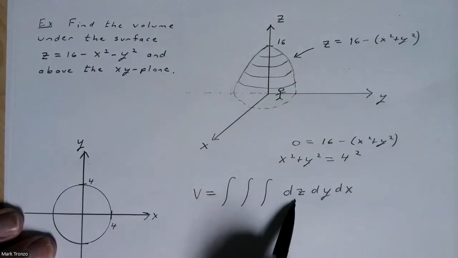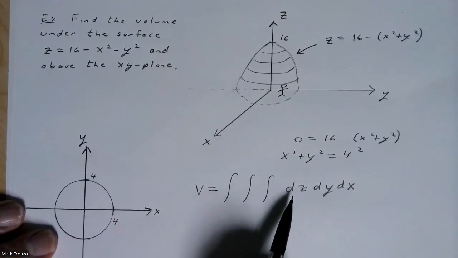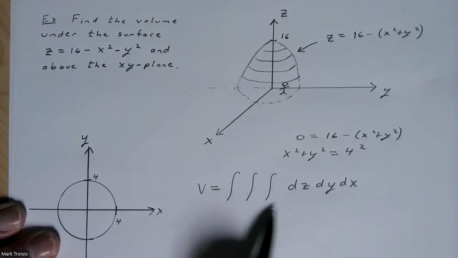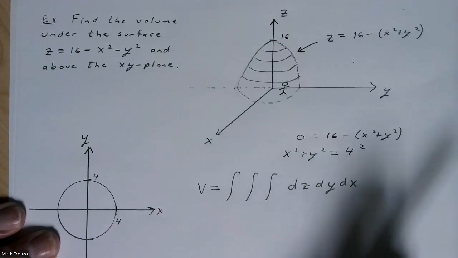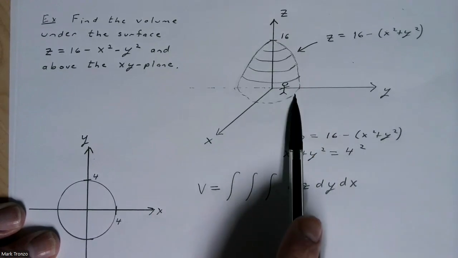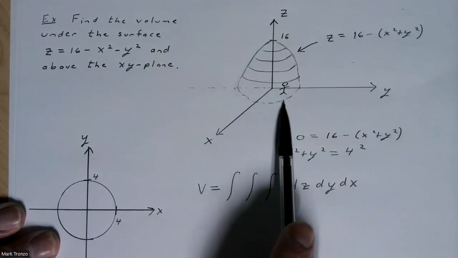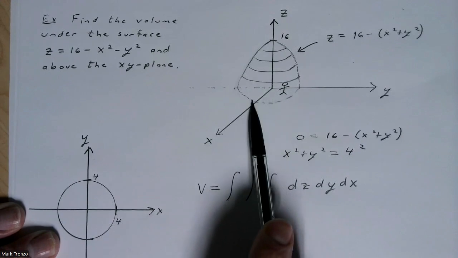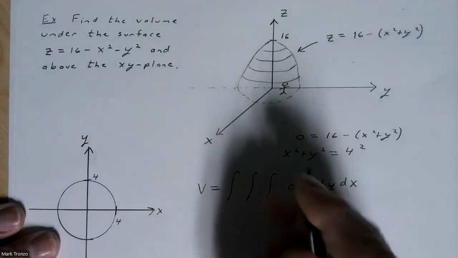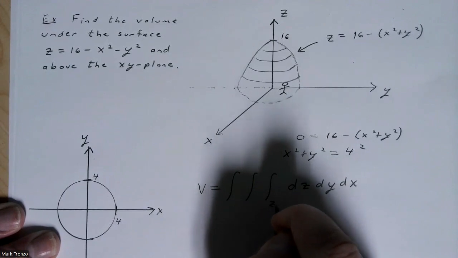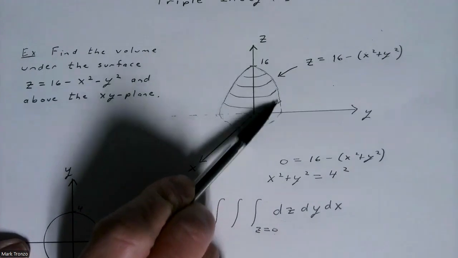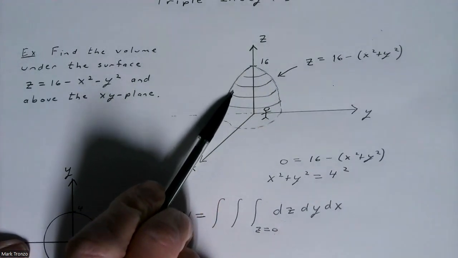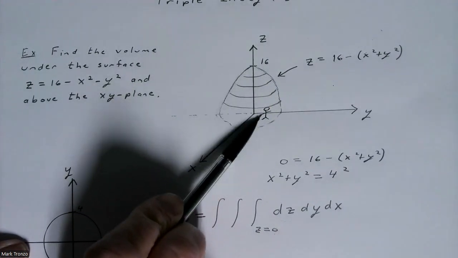Now, again, since z is first, we want it in terms of z. So we want to say z equals something here, z equals something here. So now, of course, down here, z is 0 on our lower bound because that's in the XY plane. And up here, your head is pointed towards the upper bound again.